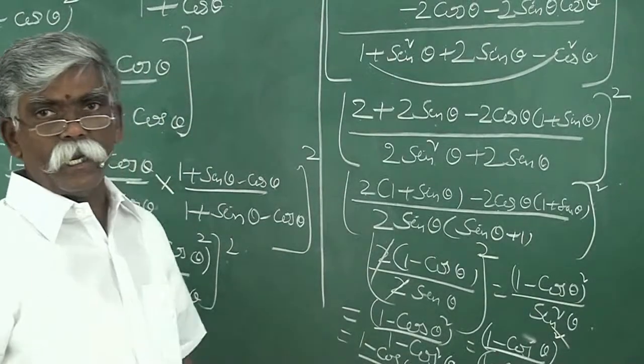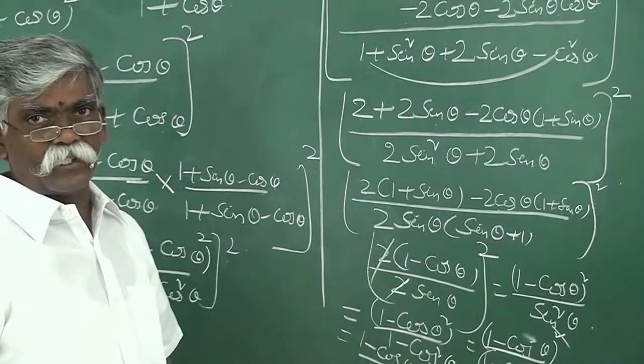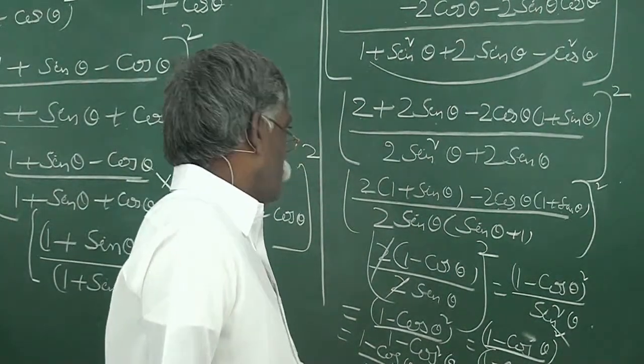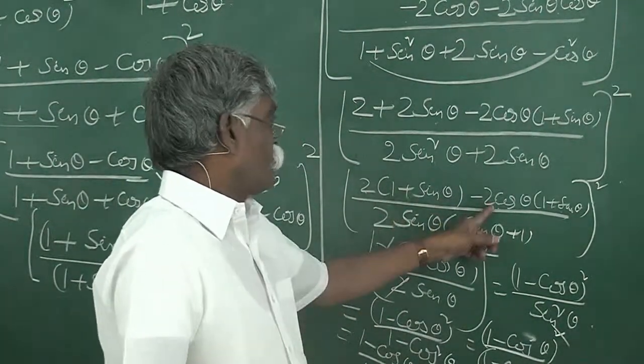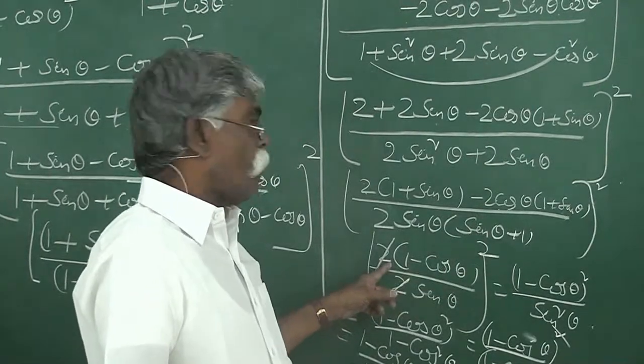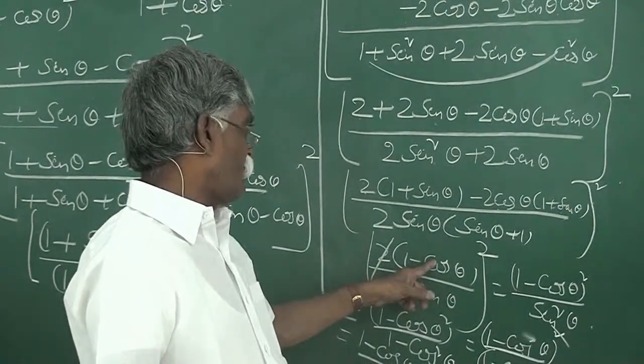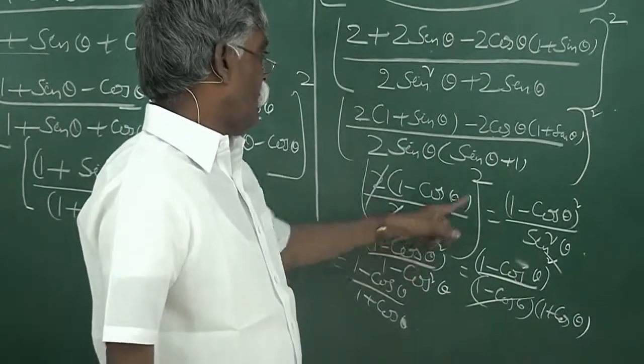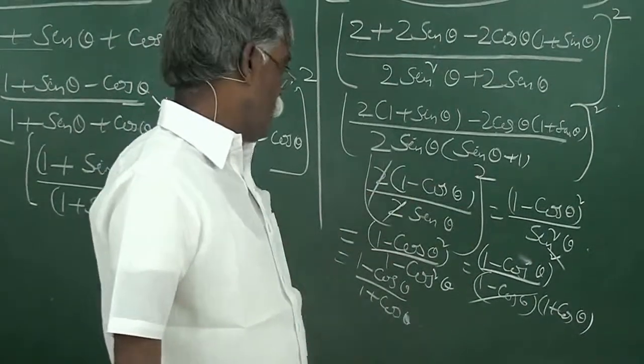Now in the numerator and denominator 1 plus sin theta is taken throughout and cancelled. After cancelling this, 2 minus 2 cos theta is left, 2 is taken common. 2 into (1 minus cos theta) by the denominator is sin theta, here it is whole square.